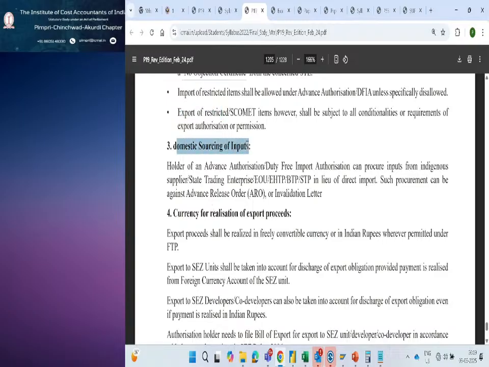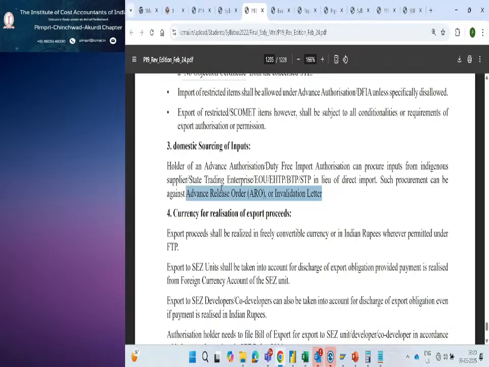Domestic sourcing of inputs. The holder of an advance authorization or duty-free import authorization can procure the inputs from an indigenous supplier instead of direct import. For such procurement, the advance release order or invalidation letter is applicable in both scenarios.